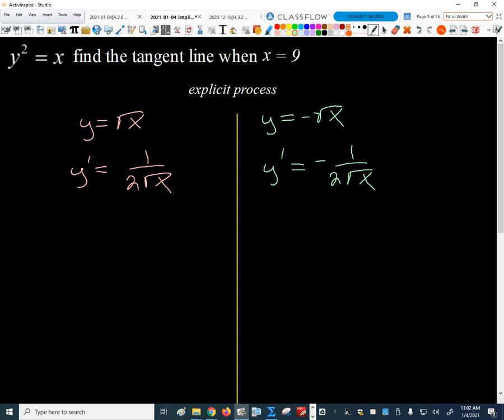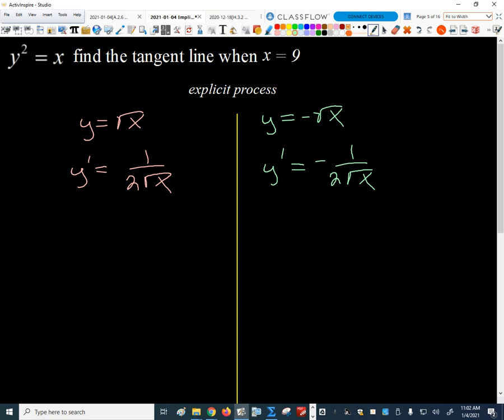I want to know, do you see something here, anybody, that would be helpful? Do you see the original function y equals the square root of x or y equals negative the square root of x popping up in my solutions here?